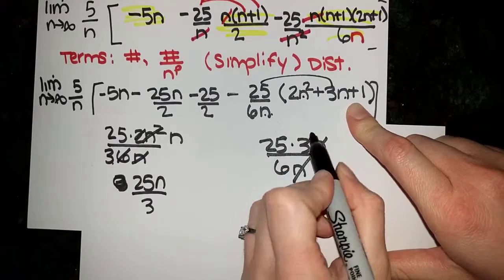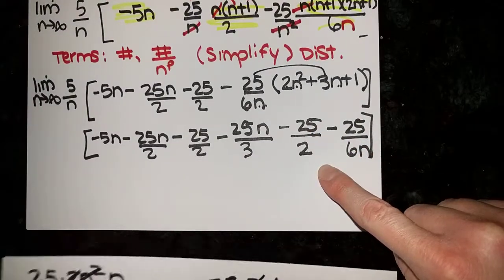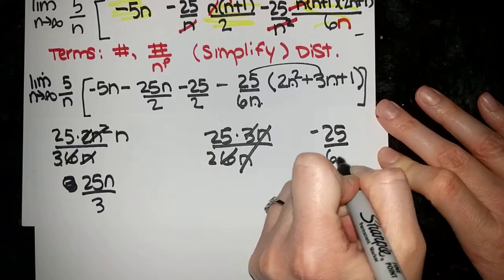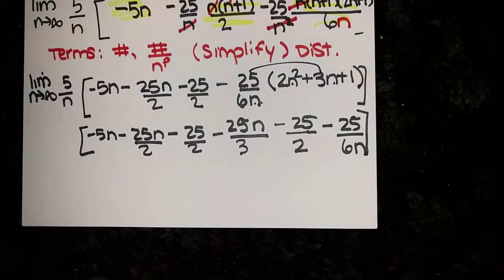So I see these n's cancel, this 3 and this 6 cancel, so that gives us 25 over 2. And then you can say, okay, this 25 over 6n times 1 just gives us 25 over 6n. So don't think that you have to do it all together in one. You can totally split it up into several little ones and just take it step by step. And that's what I would do when I'm starting out with the problem.